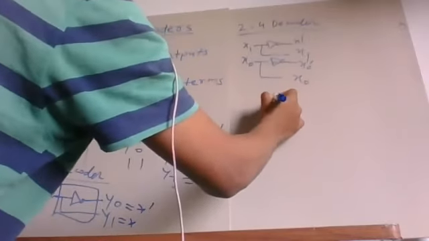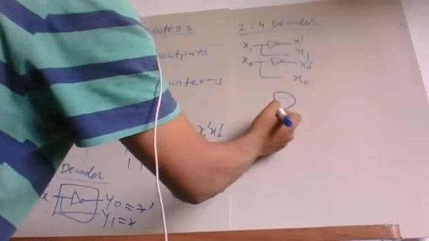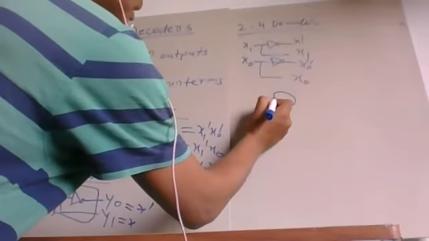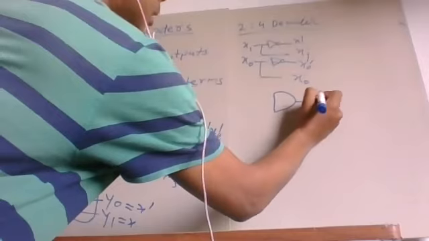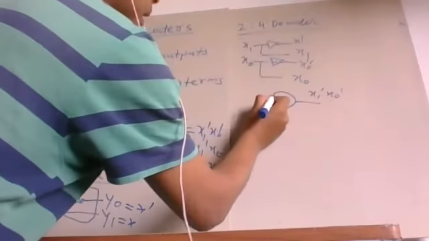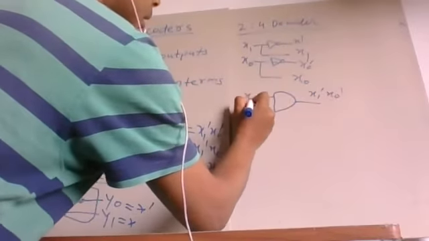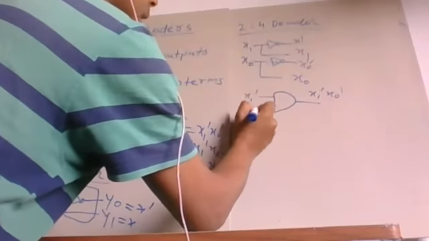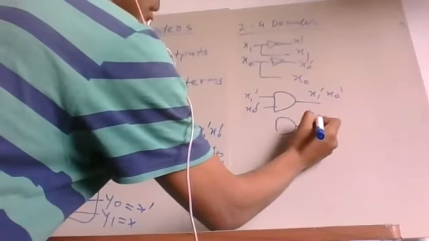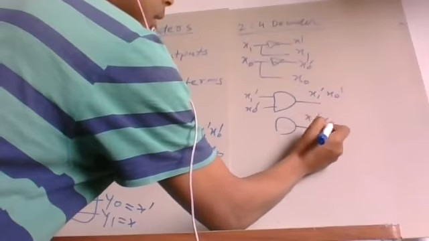Now, to create decoding is nothing but to generate the minterms. So we can generate the minterms like the first minterm must be equal to x1 dash x0 dash. So here we will connect x1 dash, x0 dash. Another minterm must be x1 dash x0.